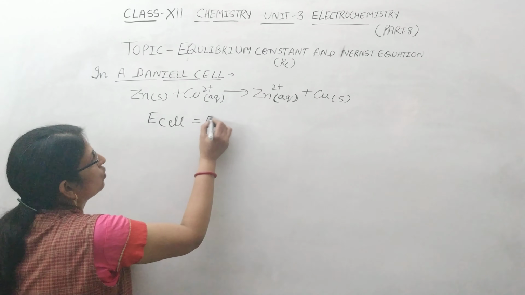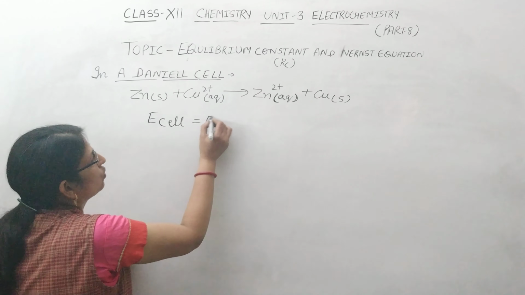E naught cell we write here minus 0.059 upon n log zinc ion upon copper ion. You know what is equilibrium constant Kc? Kc is the concentration of product divided by the concentration of reactant. What is the product here?